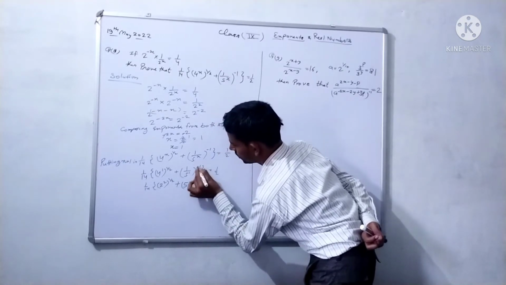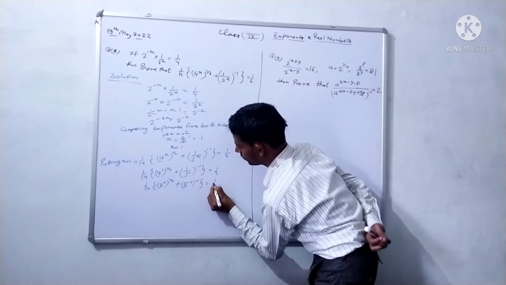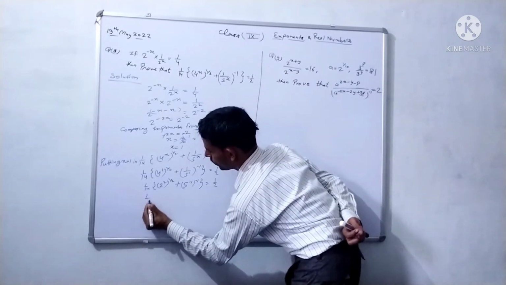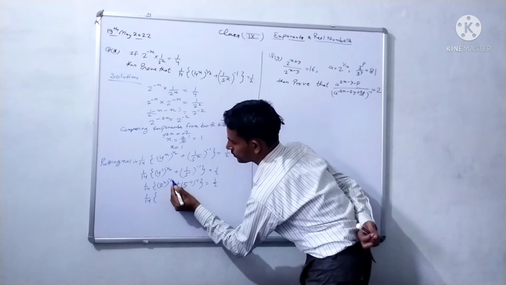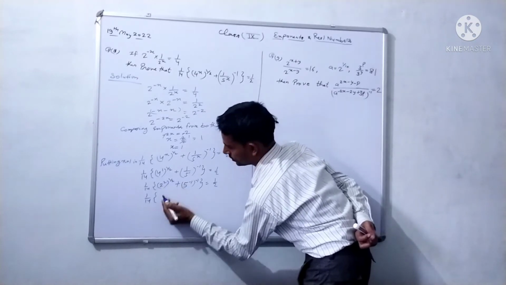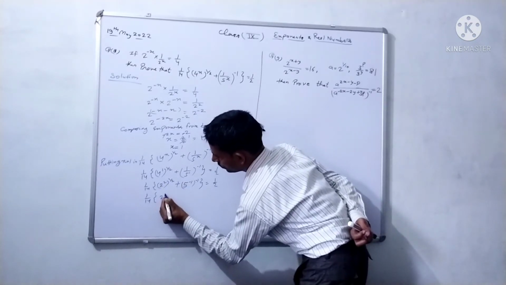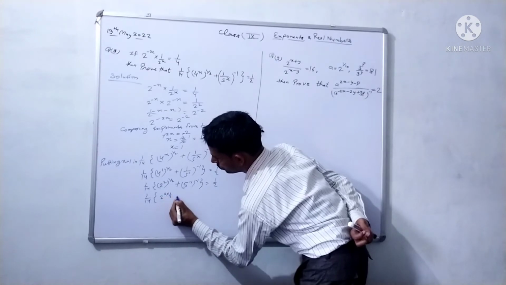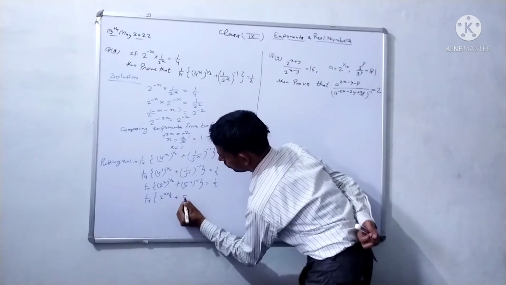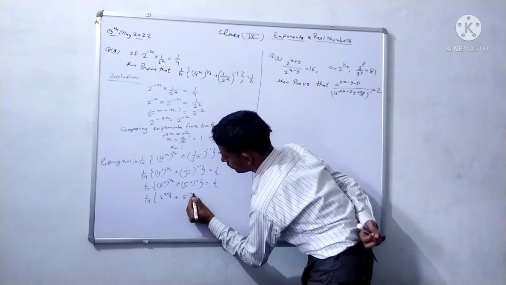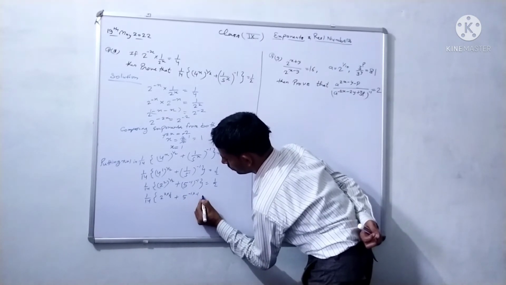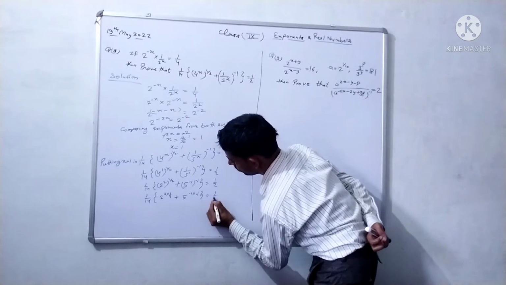Again, exponent of an exponent, so we will multiply: 2 power 2 into 1 upon 2, plus 5 power minus 1 into minus 1, equal 1 upon 2.